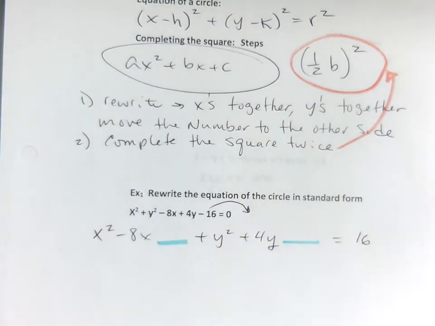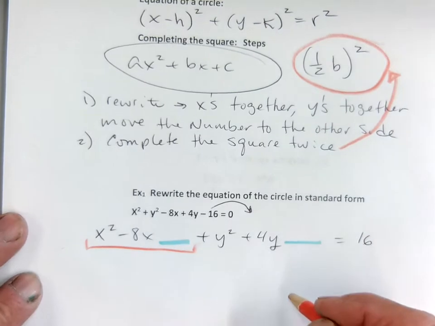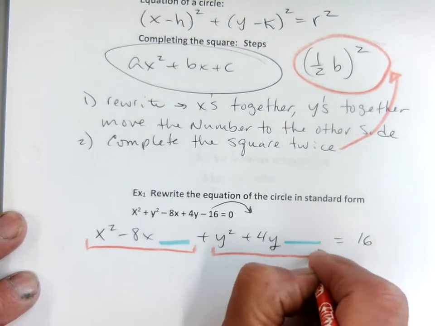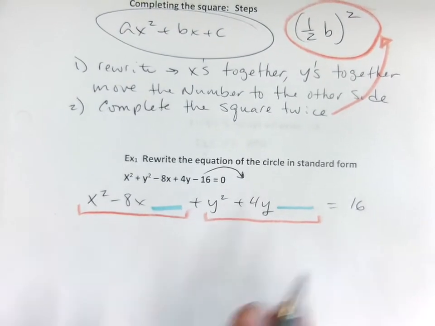And we're going to do it twice. So I'm first going to do it with the x's, and then I'll do it with the y's. Okay? So I'll wait for you, because it's really not that difficult. We've done this before. Are you ready?